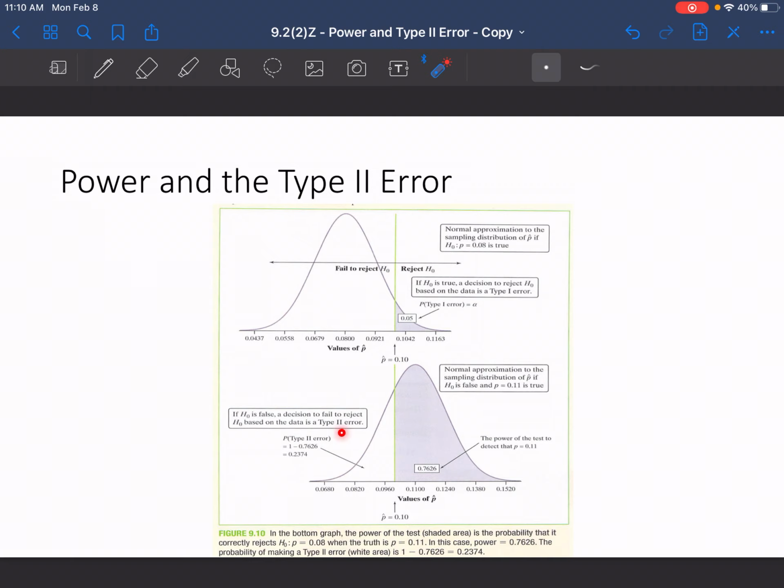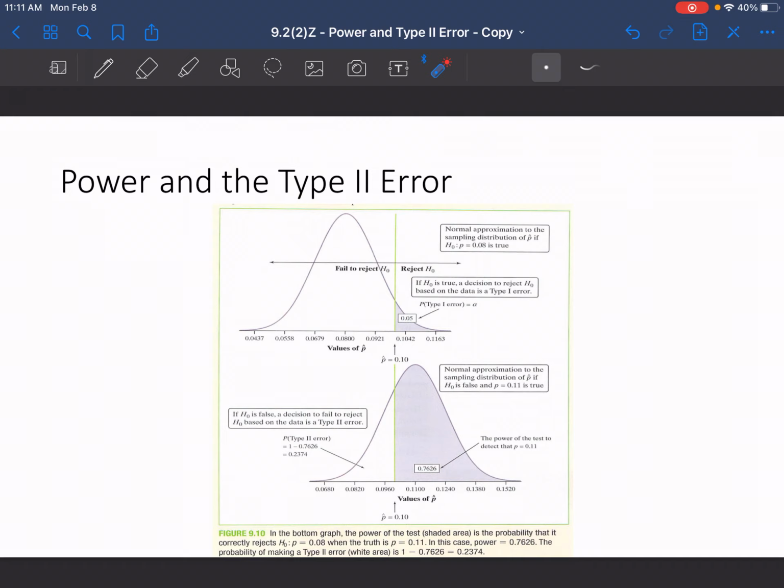So on the bottom graph, the power of the test, or the shaded area, is the probability that it correctly rejects our proportion of 8%, when the truth is that our proportion is 11%, excuse me. In this case, our power is represented as 0.7626. The probability of making a type 2 error is what's represented in this white area, 1 minus whatever the power was, essentially.